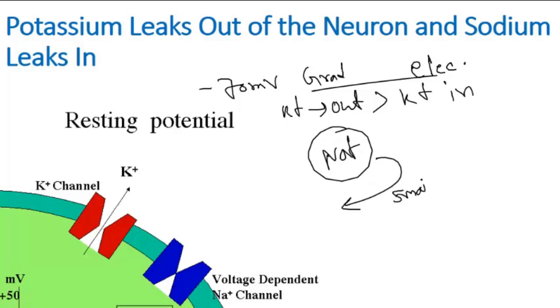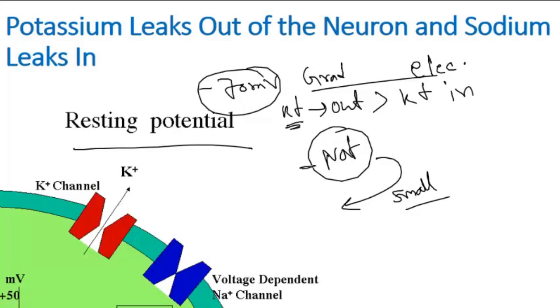Small amount, but it will move continuously inside the neuron. Okay. So at minus 70 millivolts, the resting membrane potential, if you look at the scenario of both potassium and sodium, you will find that potassium leaks out of the neuron a little bit, and similarly sodium leaks inside the neuron a little bit.